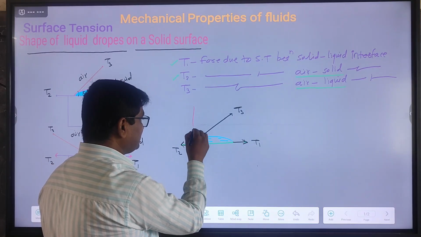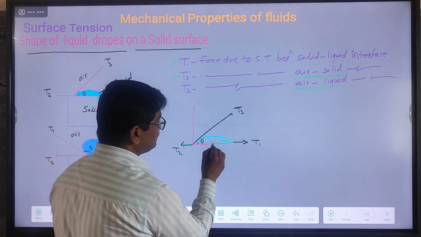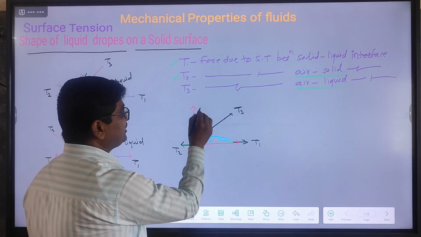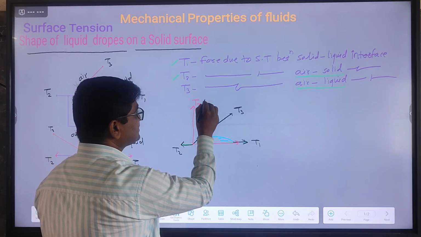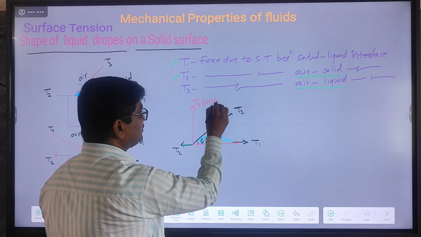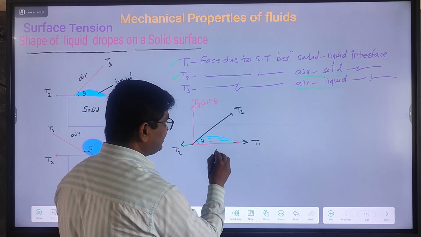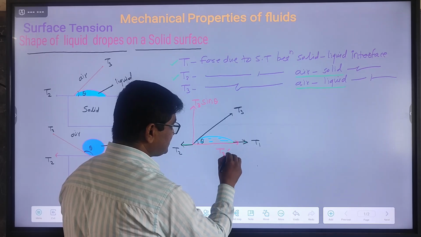This is the vertical component of the force, and this is the horizontal component. The vertical component is denoted by T3 sin theta, and the horizontal component is denoted by T3 cos theta. You know that.